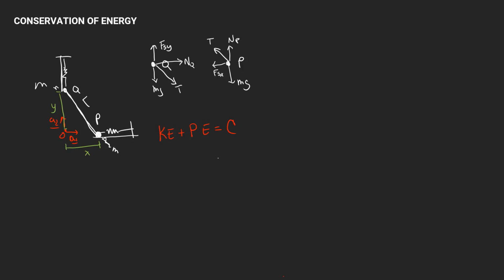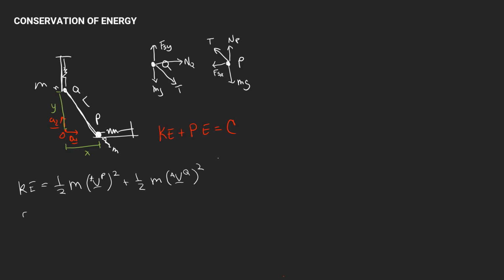So we'll start with kinetic energy. The total kinetic energy is equal, we have two particles here, so we have 1/2 m times the velocity of P squared plus 1/2 m times the velocity of Q squared.